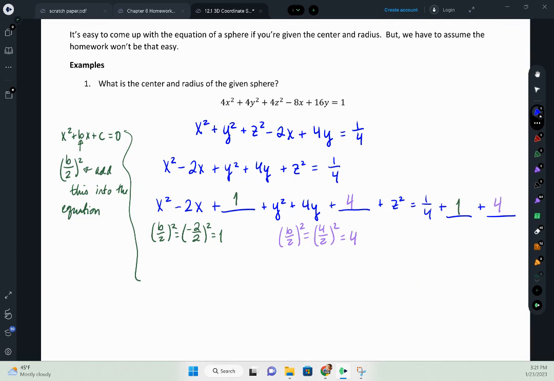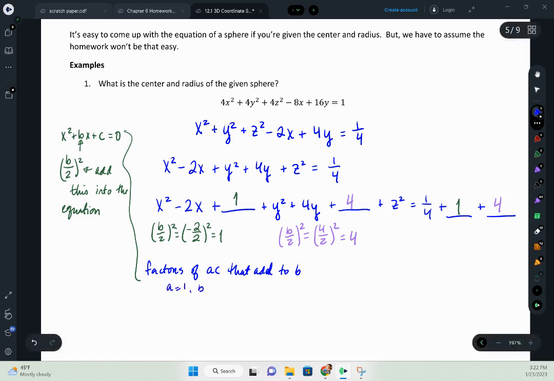Okay, now on the left I have x squared minus 2x plus 1. And I like to use the factors of AC that add up to B in order to figure out how this factors. So in x squared minus 2x plus 1, A equals 1, B equals negative 2, C is equal to 1. So AC is equal to 1.